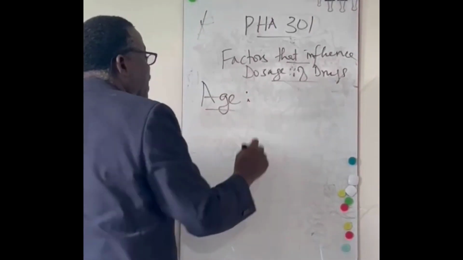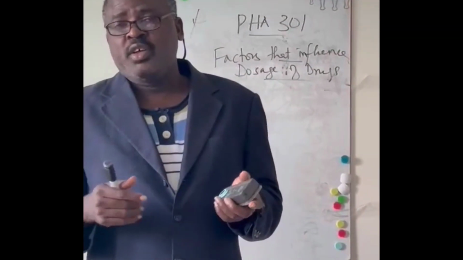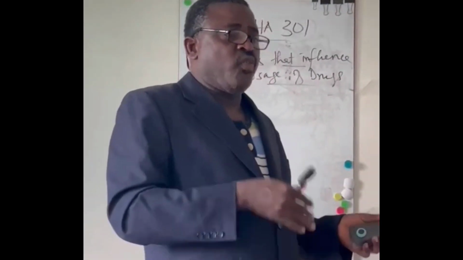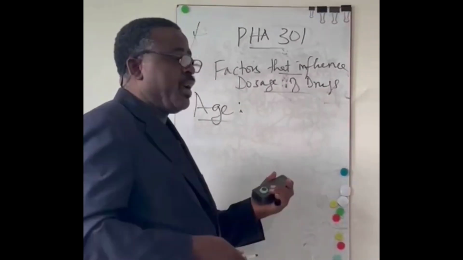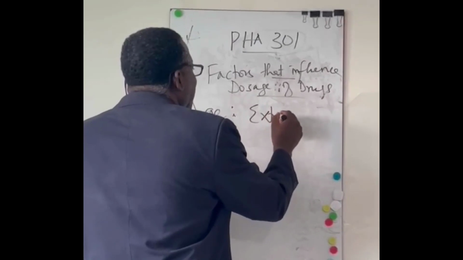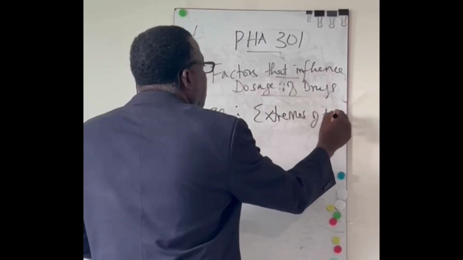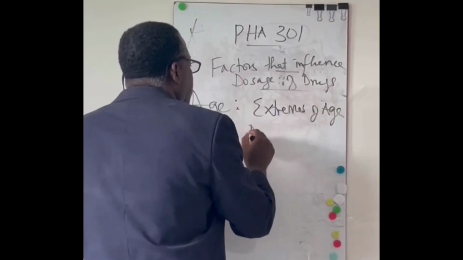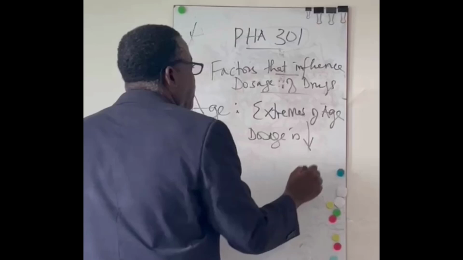All of us know that age plays a role in dosage of drugs. You cannot give a small child the dosage of drugs you give to adults. But let me say here that at the extremes of age, dosage is reduced.